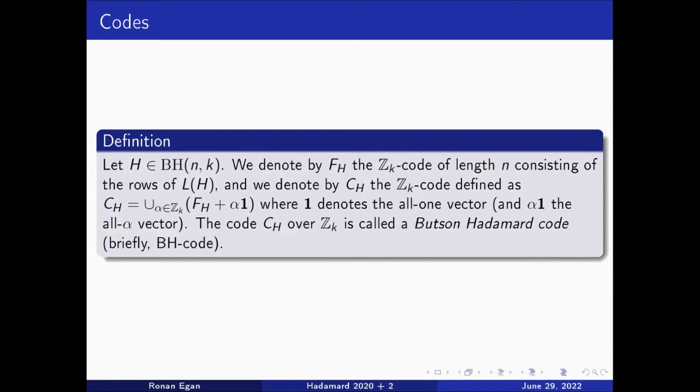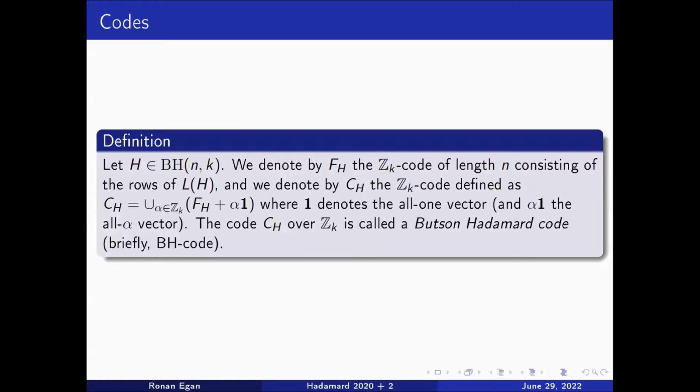And then what we do is we just take this matrix of the exponents and then treat that as a matrix over the ring of integers modulo k. And then the vectors that are rows of that matrix we can take to be code words. But we extend this a little bit and we get CH, which is the set of code words that we get by taking those vectors, but also every vector that we can get by adding an all ones vector to it as many times as the alphabet allows us.